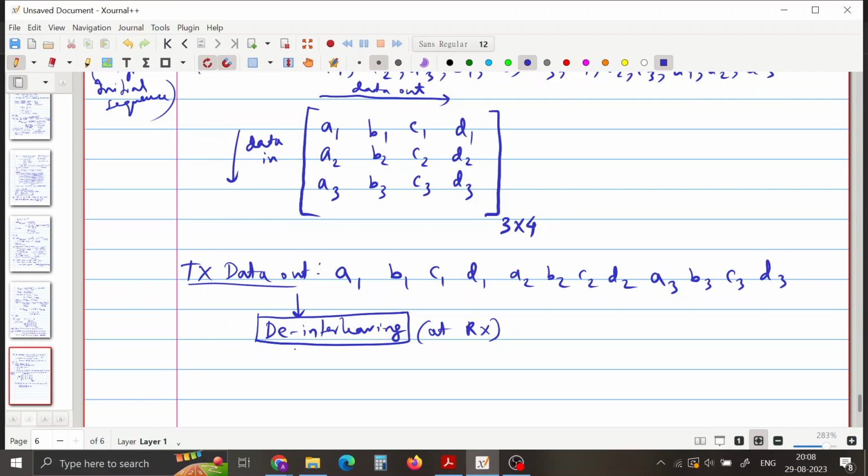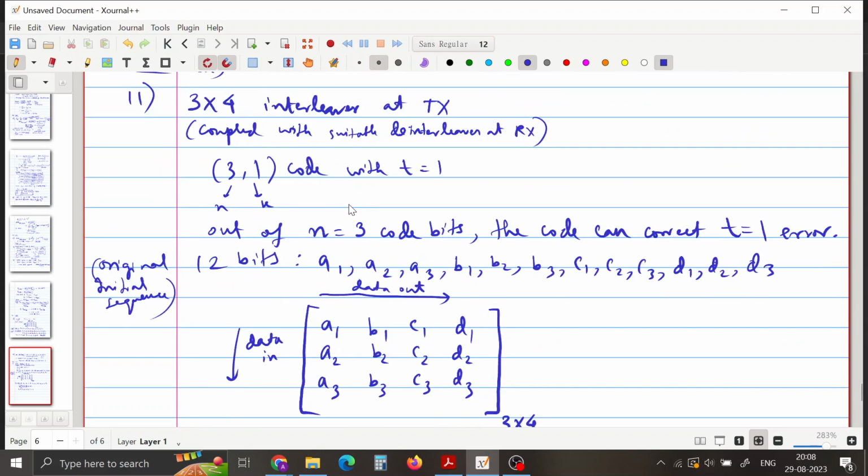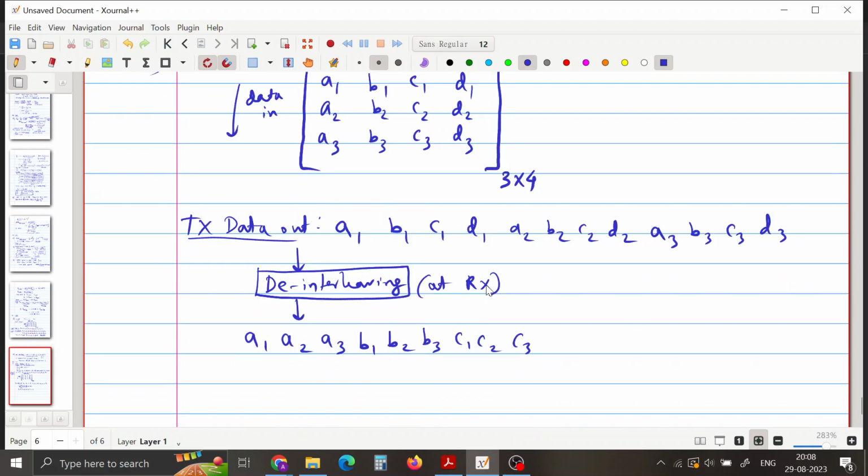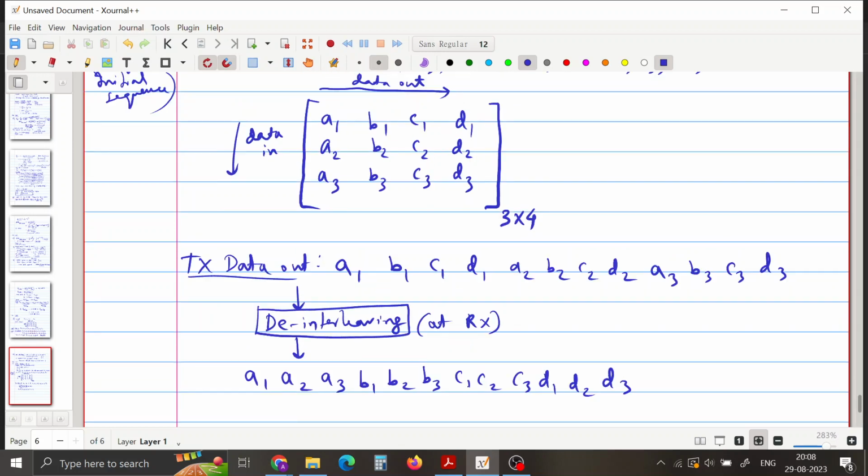So after de-interleaving at the receiver, I have the same sequence again, A1, A2, A3, B1, B2, B3, C1, C2, C3, and of course D1, D2, D3, the original one, 12 symbols, correct?